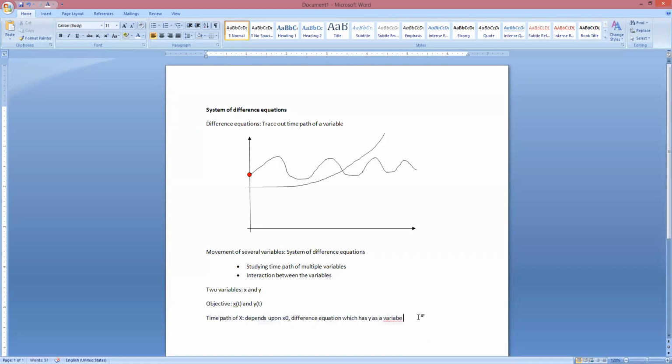Similarly, the time path of y will depend upon y0, the initial value of y, and it will depend upon a difference equation which has x as a variable. So this allows for interaction.